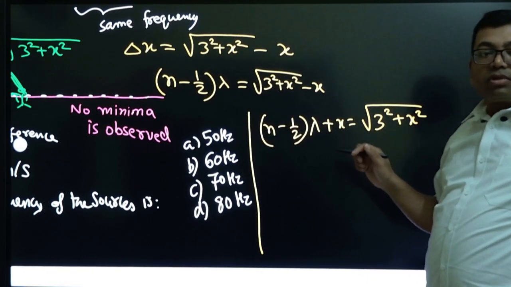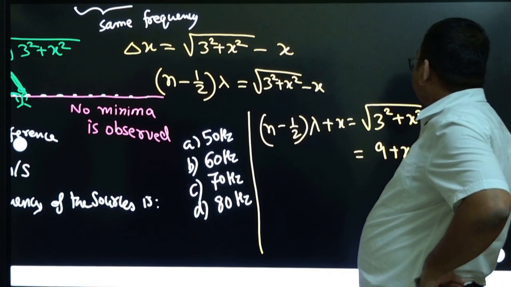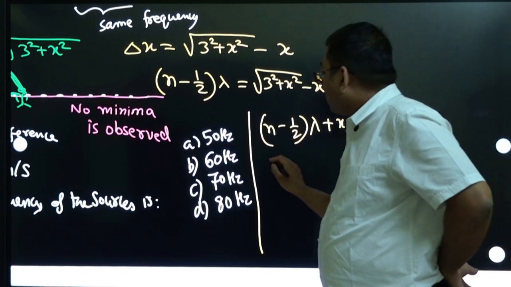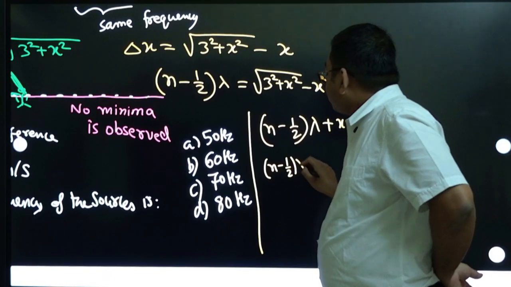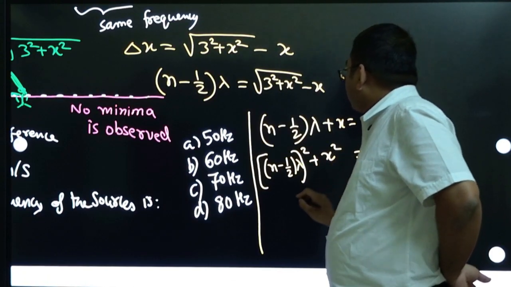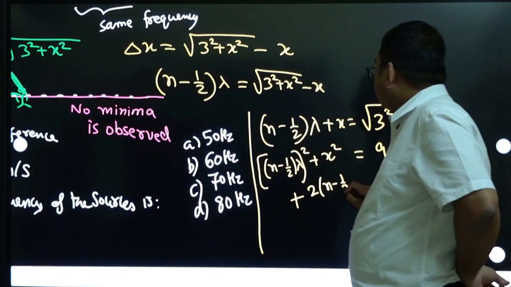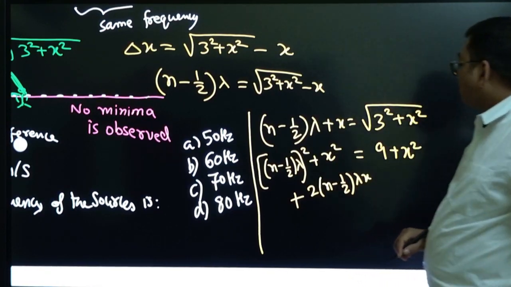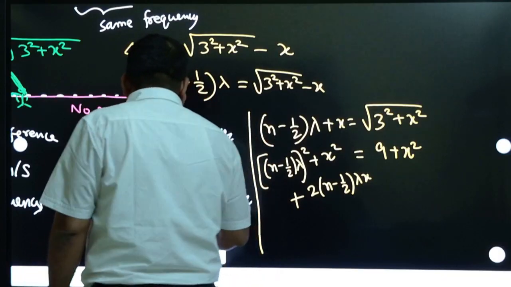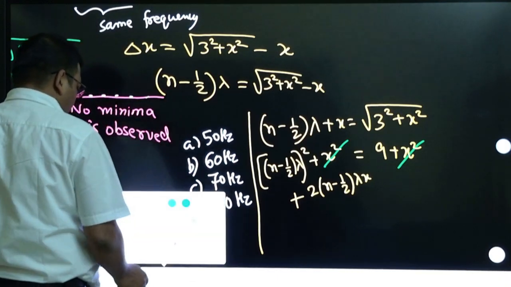Now let us square both sides. Then this will become 9 plus x square, the root gets removed. On this side, apply a plus b square: a square, this square, plus x square plus 2ab, so 2 times n minus half lambda into x. Now we can cancel out the x square terms.